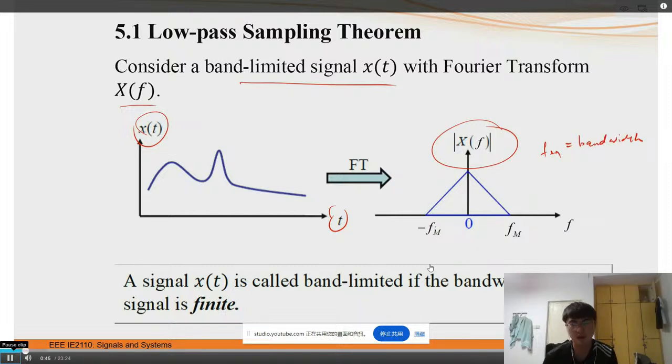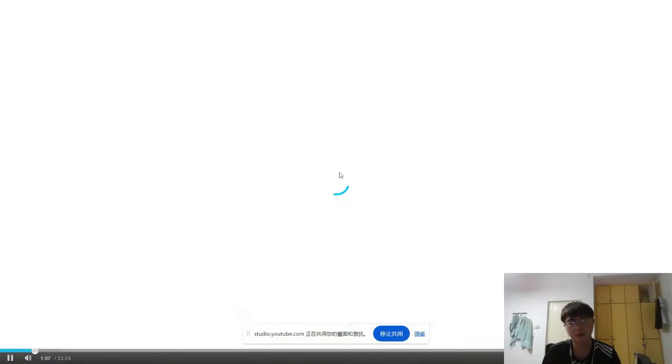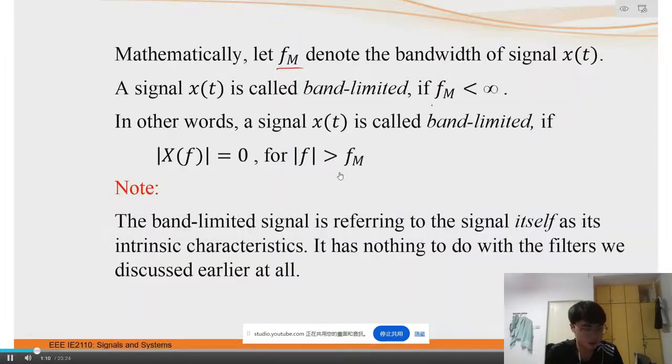We say that the signal is called band limited if the bandwidth of that signal is a finite quantity. So fm here is less than infinity. Mathematically, if we denote fm as the bandwidth of the signal, then the signal is called band limited if fm is less than infinity, so it's a finite number.